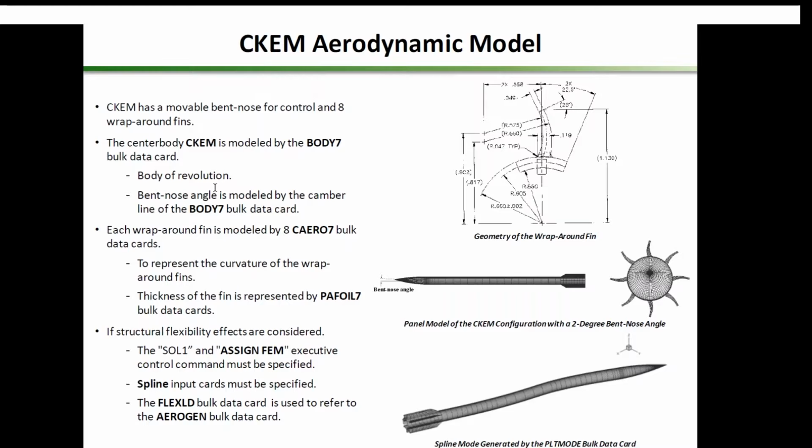It's a body of revolution. The band nose angle is modeled by the camber line of the BODY7 Bogota card. Each wrap around fin is modeled by 8 CLOAD7 Bogota cards to represent the curvature of the wrap around fin. The thickness of the fin is represented by the PANLST card.